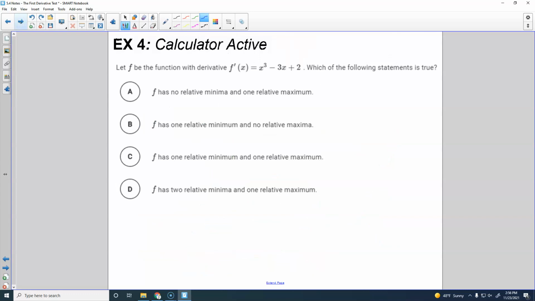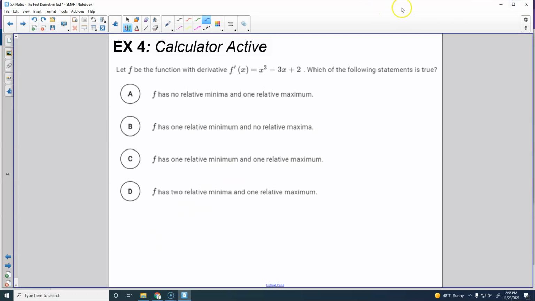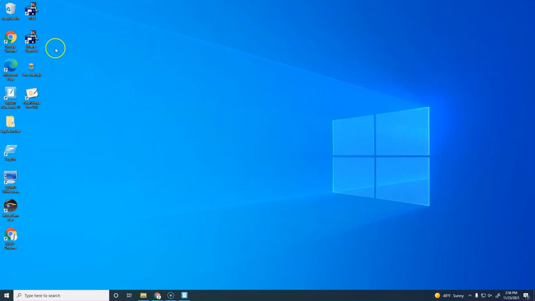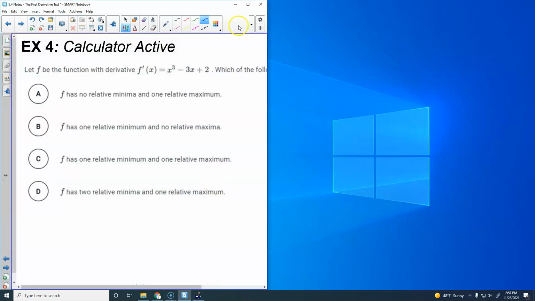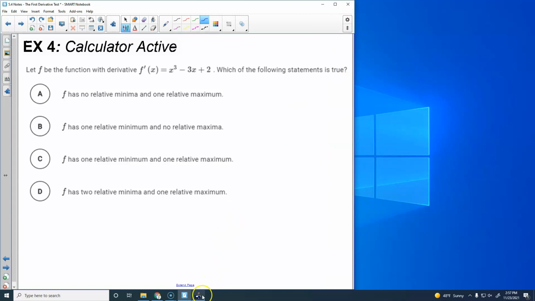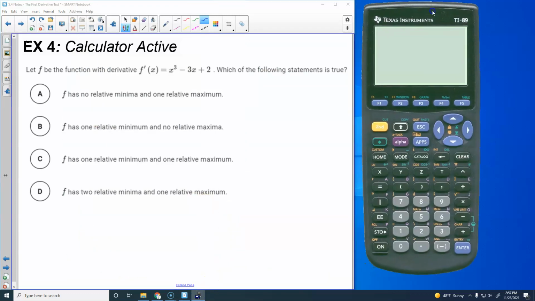All right, so here is what a multiple choice will look like, and this one would be calculator active. So I'm going to grab the calculator real quick. Now, they'll do something like this to you on the exam.